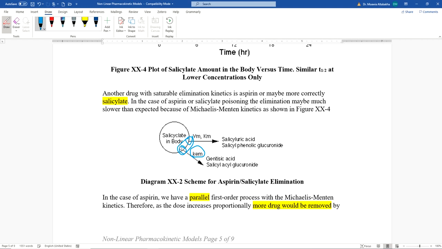Meaning the higher the concentration, the faster the rate of elimination. So what do you think will happen? Look, before I talk about these parallel pathways that describe salicylate in the body, such as aspirin, let me first show you the following.